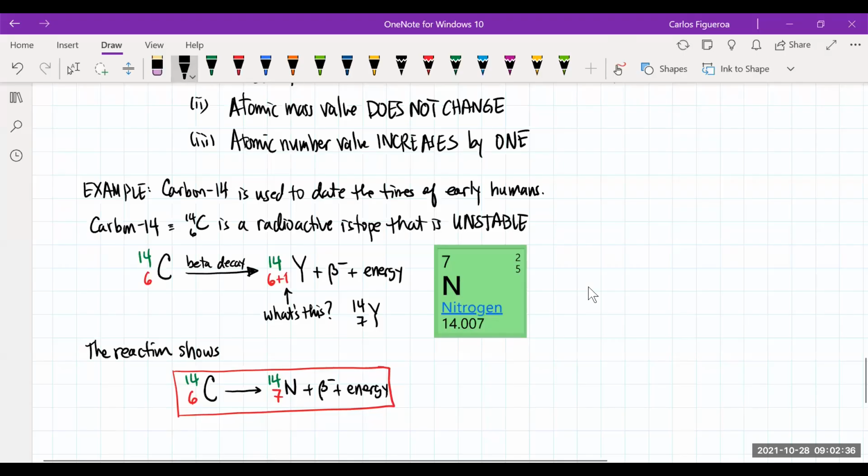And once again, even though I've already said it, I'm going to say it again. So the number of neutrons decreases by 1.